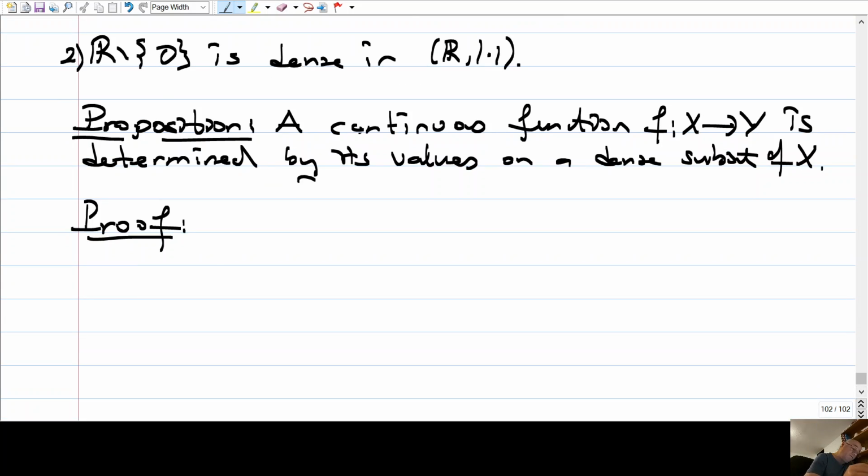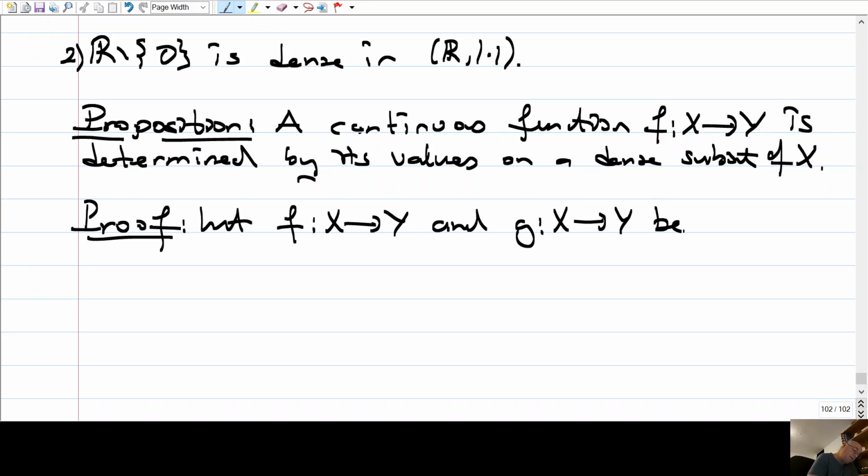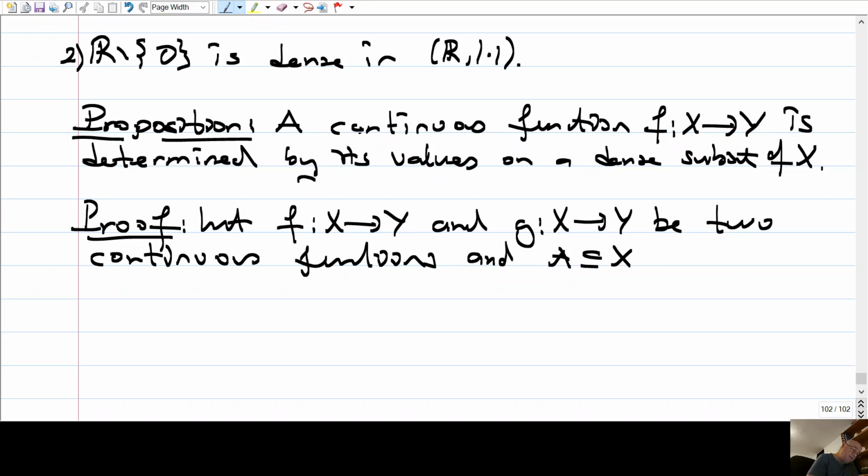So we have to prove the following. Let f and g be two continuous functions and A a dense subset.